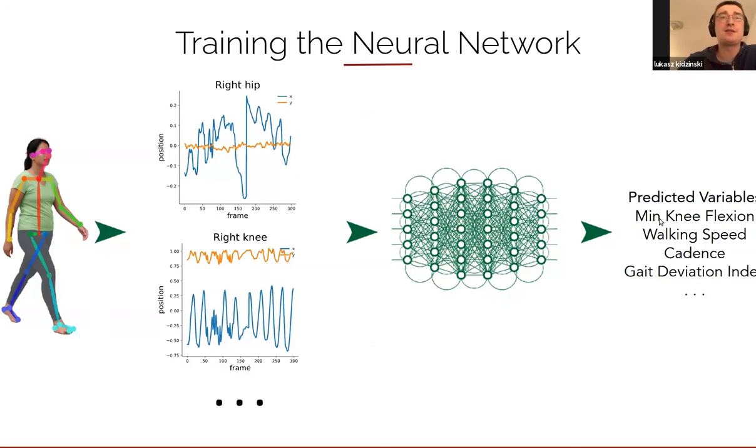It's called minimum because of how it's actually measured as an angle; basically the minimum angle is the closest you get to the maximum extension.